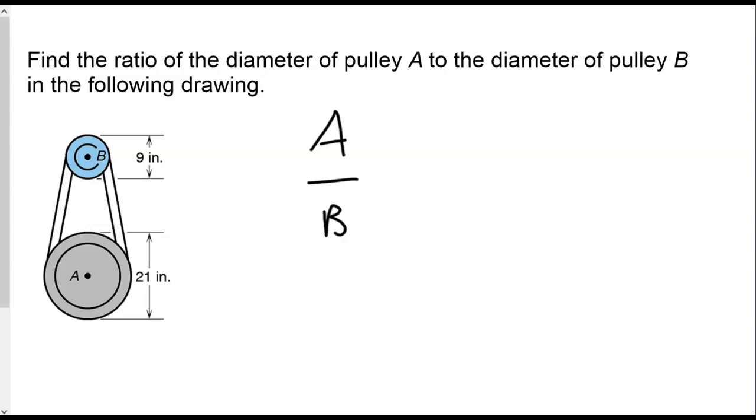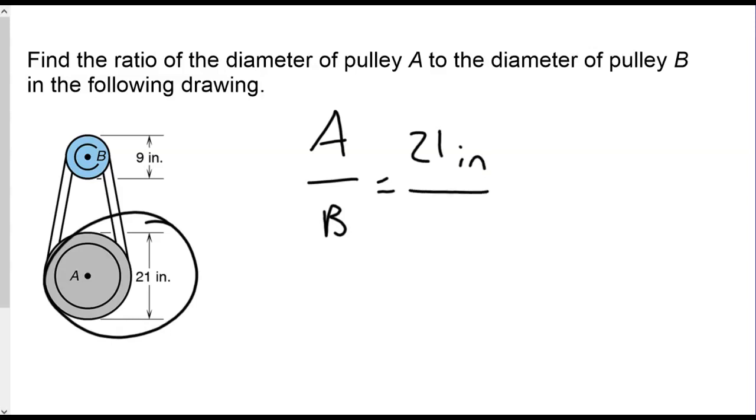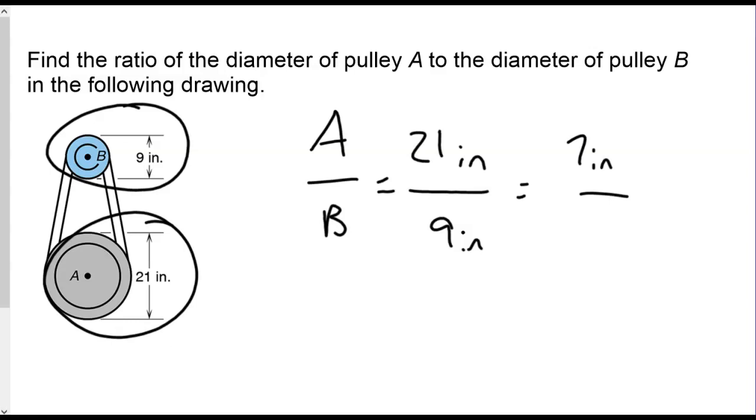So we want to make sure that we say this is A first, and this is B. Then we look at this and say, okay, A is down here, and A is 21 inches, and B is here, and B is 9 inches. Okay, well, let's see. I know that both of these can be divided by 3. So 21 divided by 3 is 7 inches, and 9 inches divided by 3 is 3 inches.